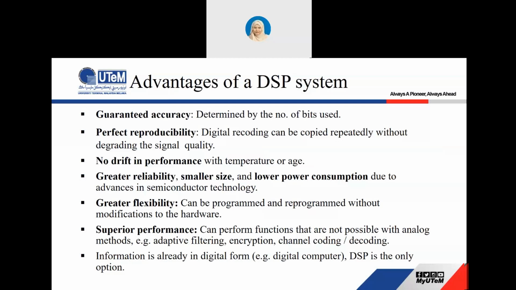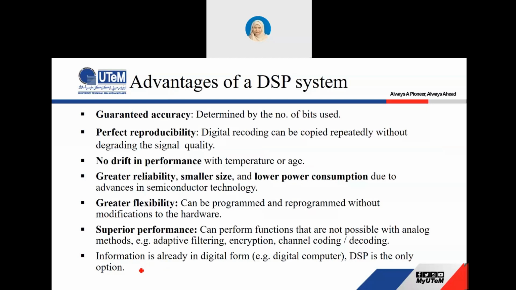Superior performance because it can perform functions which in analog are impossible, such as adaptive filtering, channel coding, decoding. It can only be done in digital. And last but not least, the information is already in digital form, digital computer. So DSP is the only option to do computerized processing.